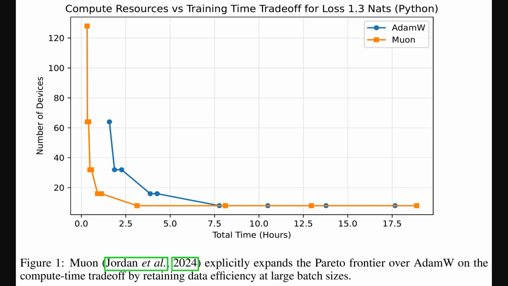What we're looking at is called a Pareto frontier, which represents the set of best possible trade-offs. You can see the orange line for Muon is always better. It's below and to the left of the blue AdamW line. This means Muon can either finish the training faster with the same number of computers, or use fewer computers to finish in the same amount of time. It effectively expands the set of optimal choices.